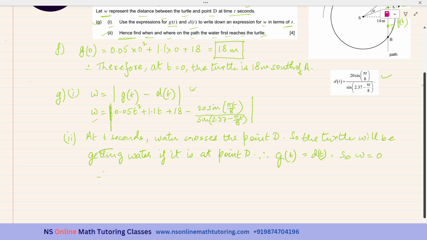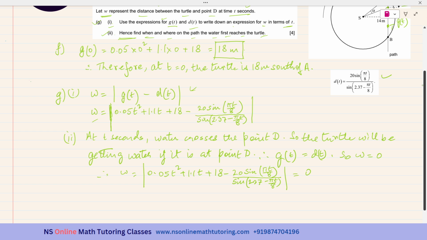Therefore, W equal to 0.05 t square plus 1.1 t plus 18 minus 20 sine pi t over 8 divided by sine 2.37 minus pi t over 8 equal to 0.